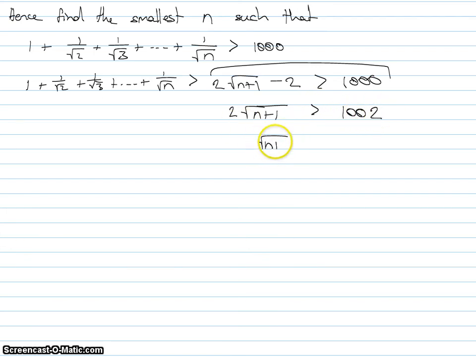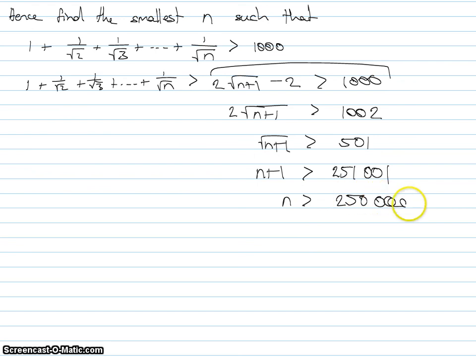So root n plus 1 must be bigger than 501. And so n plus 1 must be bigger than 501 squared, which is 251,001. So n must be bigger than 250,000. So the smallest such n would be 250,000, or rather we should start checking from there. And as it turns out, this n works, so this is our final answer.